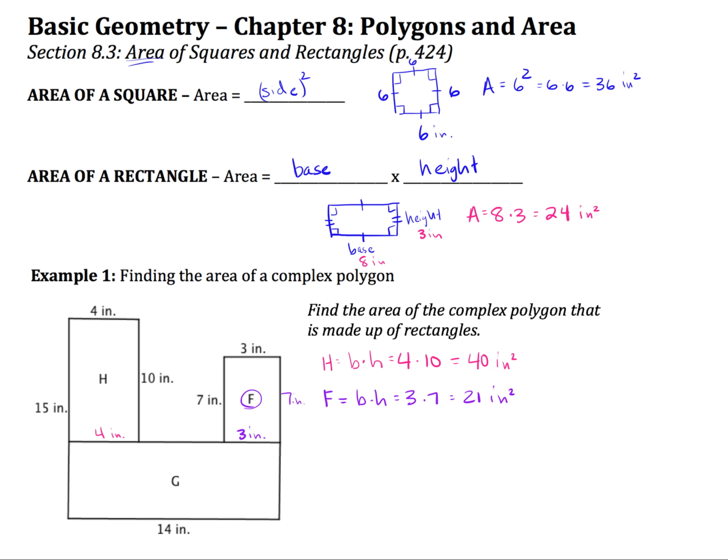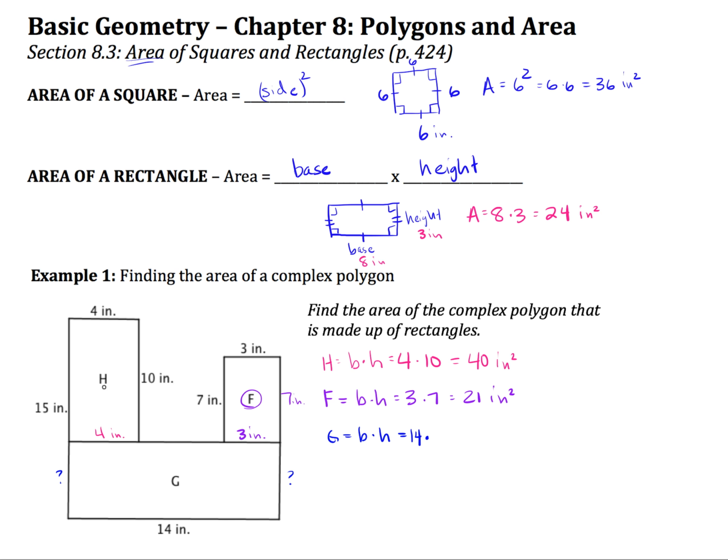And G is a little bit trickier because I can see in this picture it gives me the base of G right away. So when I'm doing base times height for rectangle G, I know it's going to be 14 times something. But it doesn't look like it gives me what this measurement is here or this measurement right here right away. So I have to do a little detective work, and think about what I know about some of these other shapes.